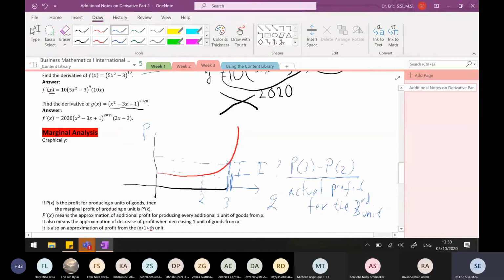And then I can zoom this out. So this is the zoom.